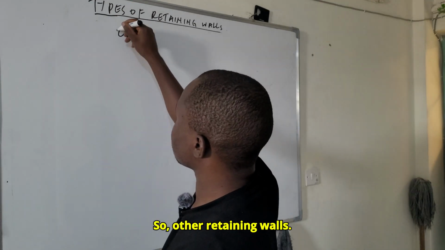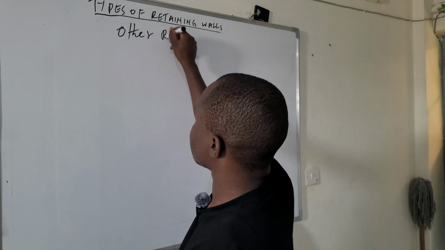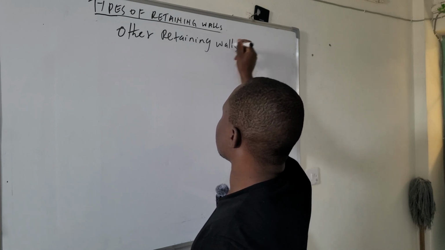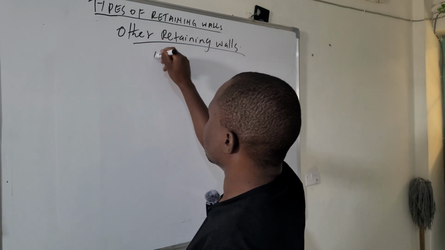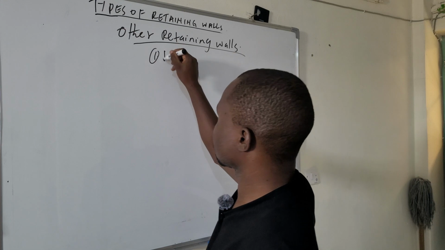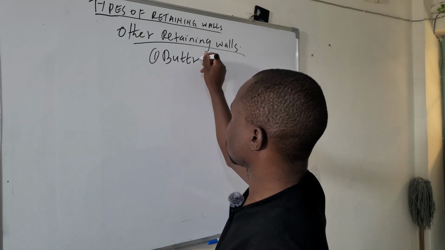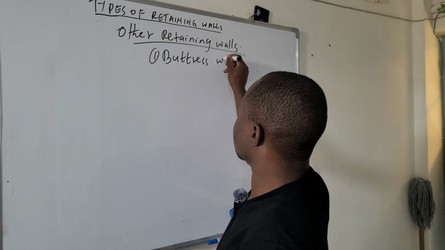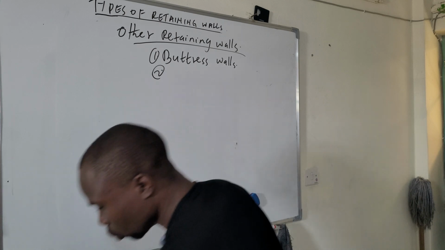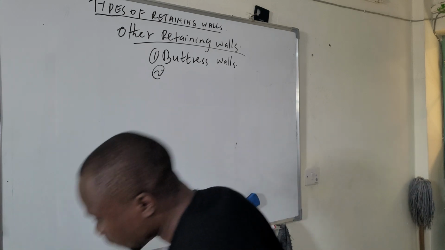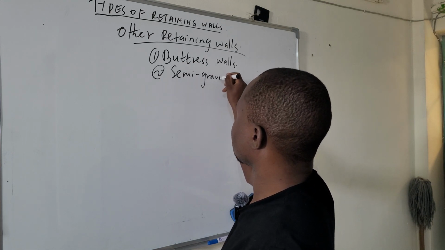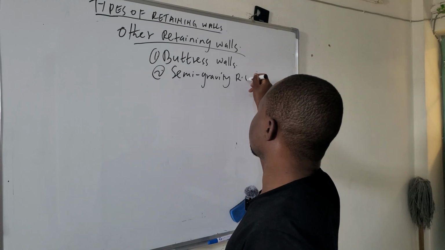Number 1, we have buttress walls. Number 2, semi-gravity retaining walls.